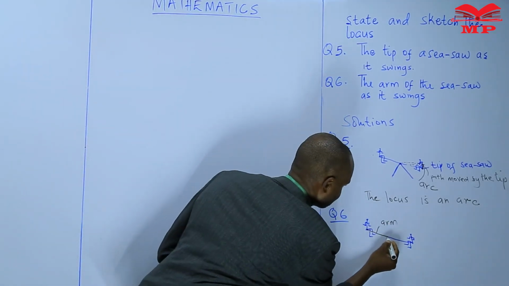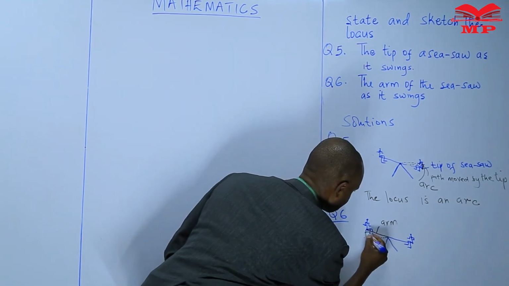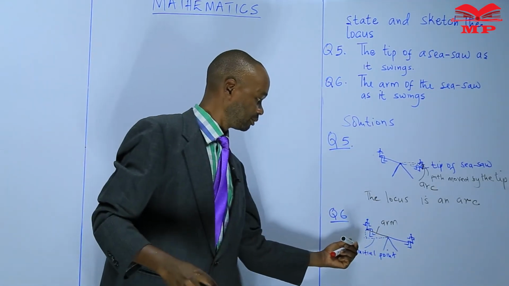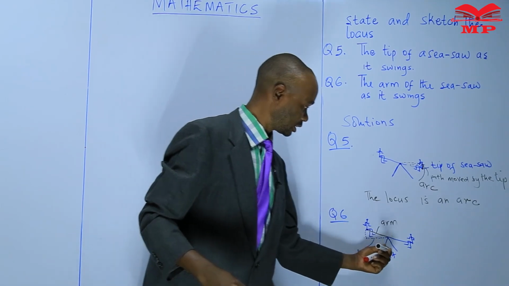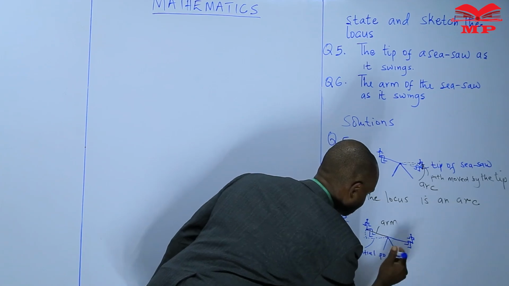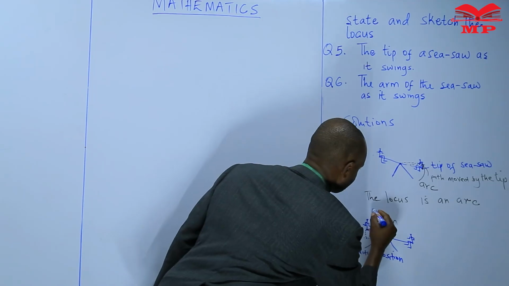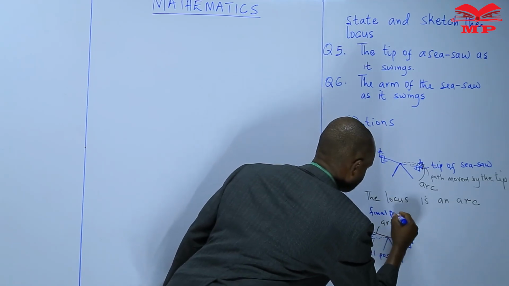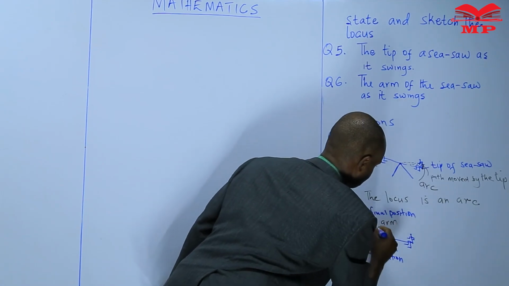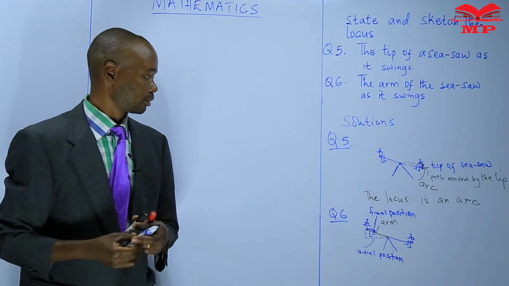And let's get its trajectory or movement. If you look at the diagram, we have the initial point of the arm, the initial position. And here it is the final position. So that is the final position of that arm.